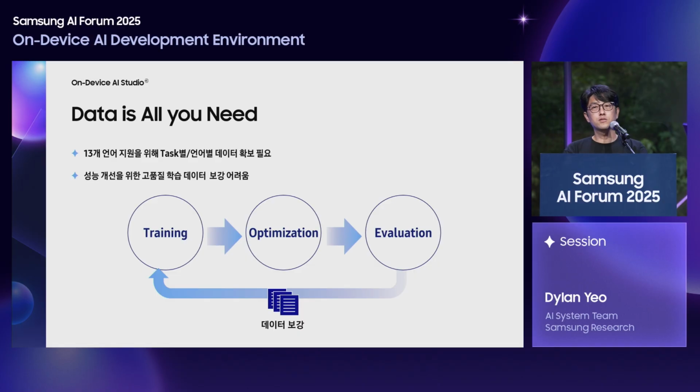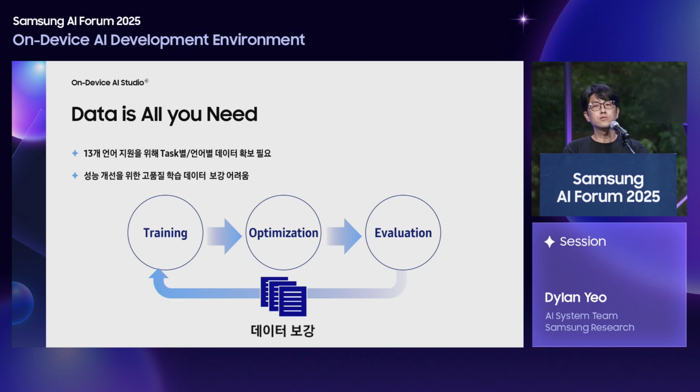As I've mentioned before, achieving production-grade performance with LoRa requires an iterative loop: training on large data sets, optimizing and evaluating, and then augmenting the data and retraining to push quality higher. For Galaxy AI, multilingual support means collecting language-specific data sets, and real gains come from high-quality data augmentation.